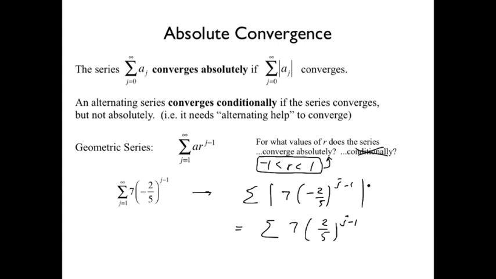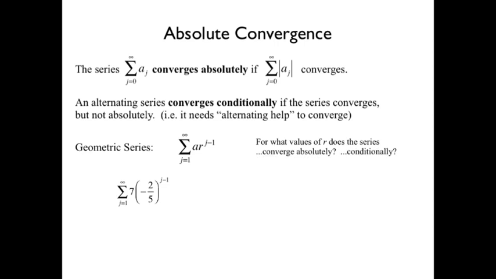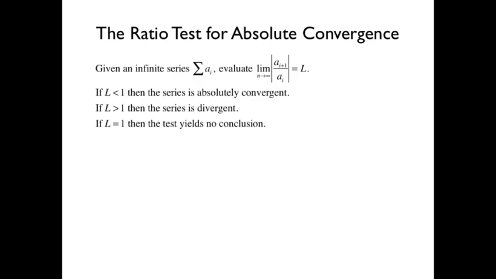Okay, so there's a test for absolute convergence, and it's called the ratio test. And here's the ratio test. Given a series, we want to set up this limit. Here's the key. We're going to take the i plus first term of the sequence and make a ratio with the ith term of the sequence.